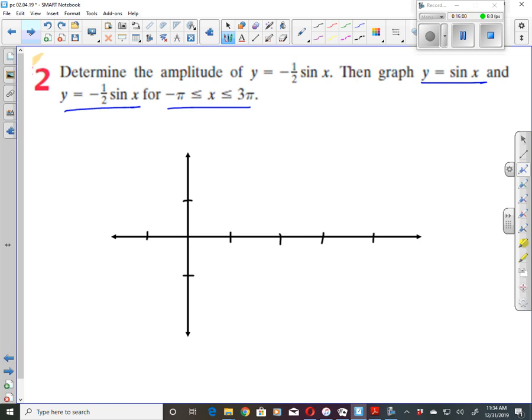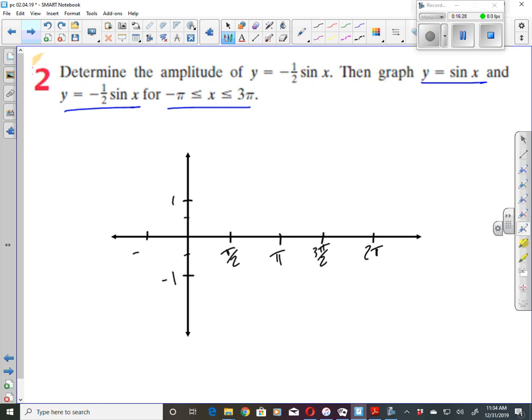So, again, this is 1, negative 1. My amplitude is 1/2, so I'm going to be able to cut that in half. I don't need to put all the numbers on that. I do need to put 2 pi, pi over 2, 1 pi over 2, 2 pi over 2, 3 pi over 2.